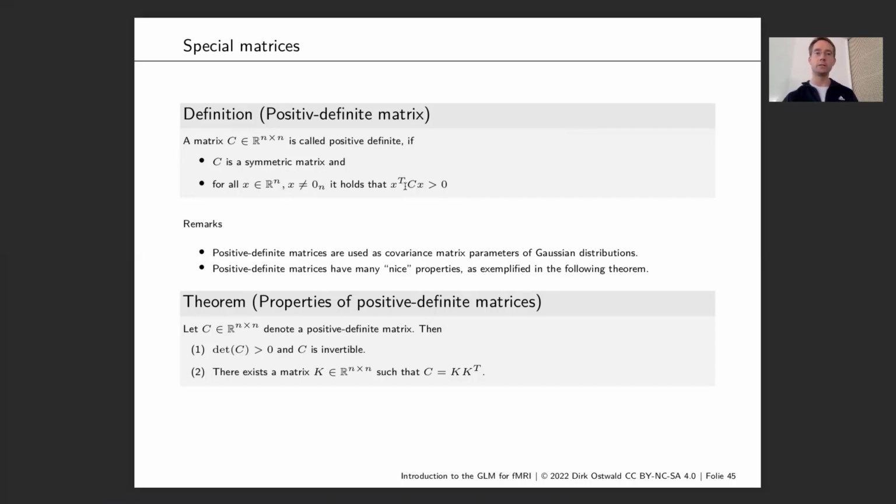Now, if you do x transpose times C, you get 1 times n times n times n. The inner dimensions match, so you get 1 times n, because the outer one is n. And then x transpose times C is a 1 times n matrix, and you multiply it with an n times 1 matrix, namely x. So the inner dimensions are n, they disappear, and you get a 1 times 1 matrix.